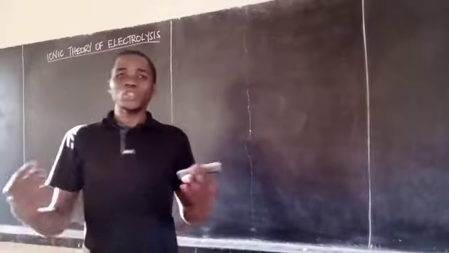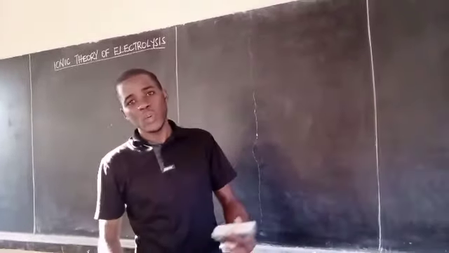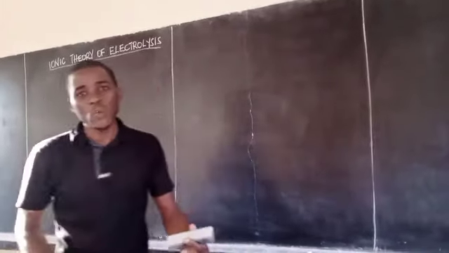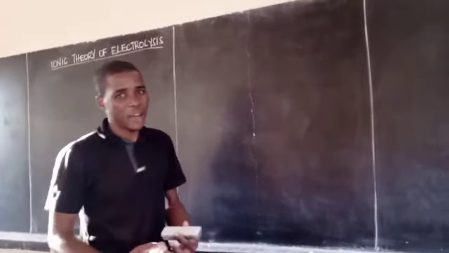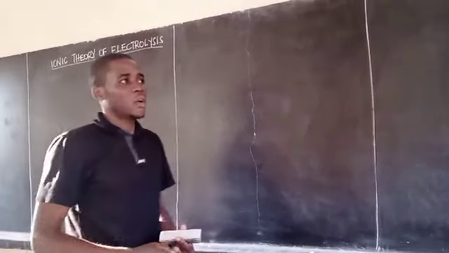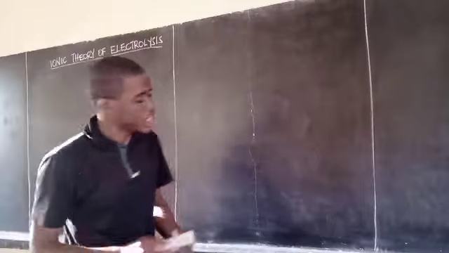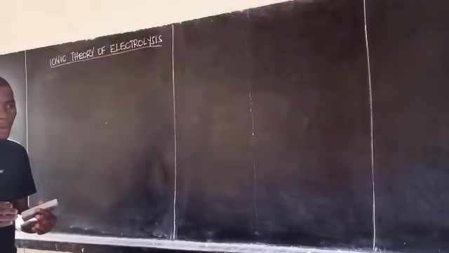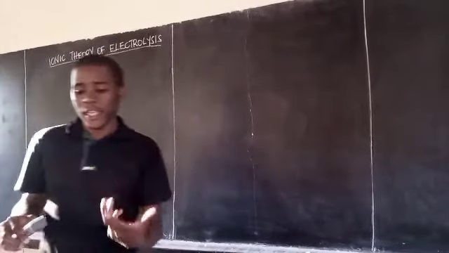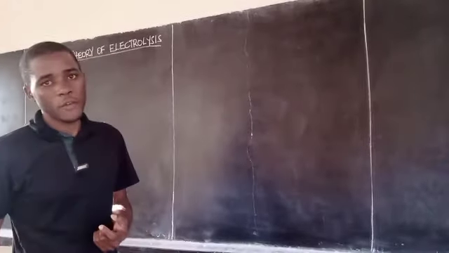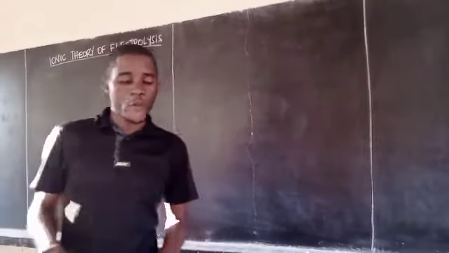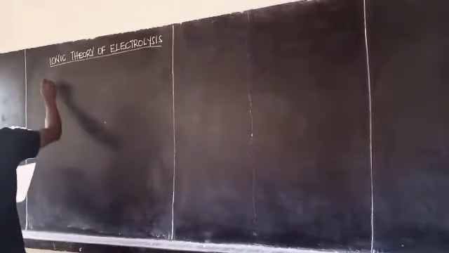So today we are going to study why electrolytes conduct electricity and why they decompose when they conduct electricity. This was a theory put forward to explain electrolysis from the ionic point of view.